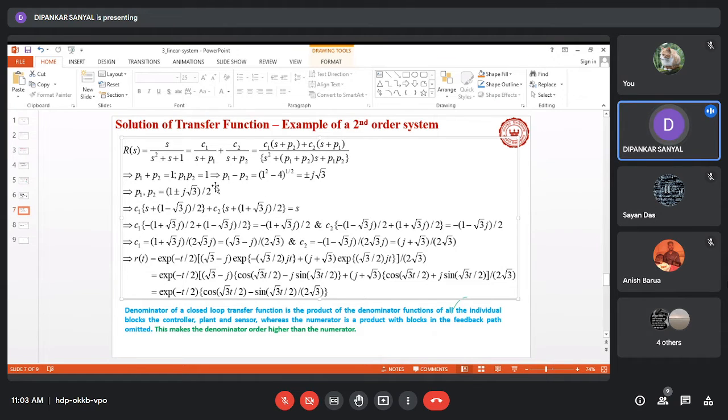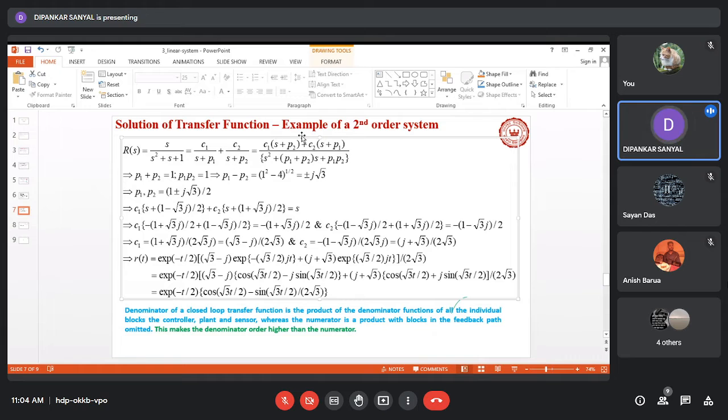So P1 minus P2 will be under root of 1 square minus 4. So P1 minus P2 will be plus minus j root 3, and that will give us P1 and P2 as 1 plus minus j root 3 by 2. That is what I was telling. For a pure second order system, we will be having a pair of complex conjugate roots.